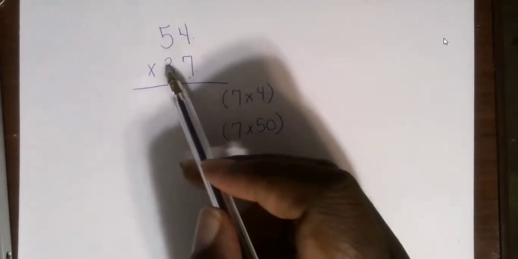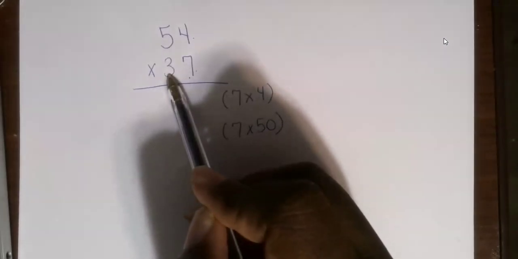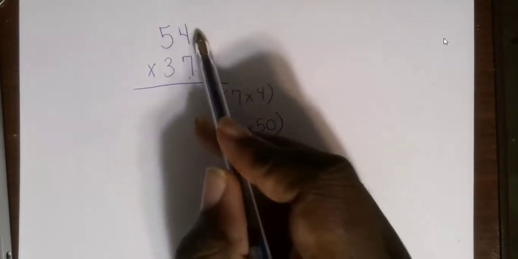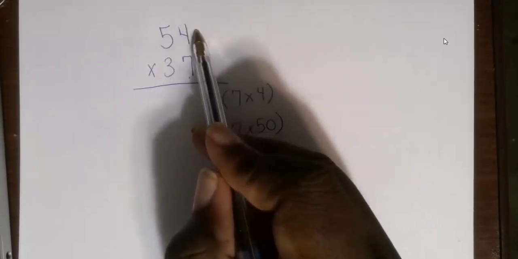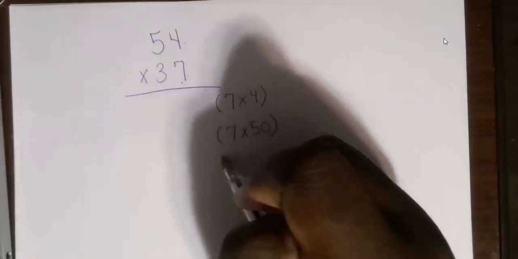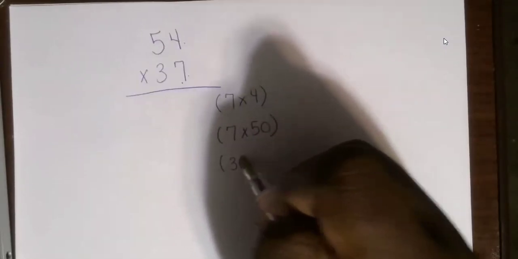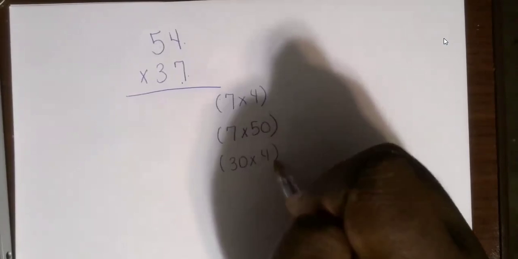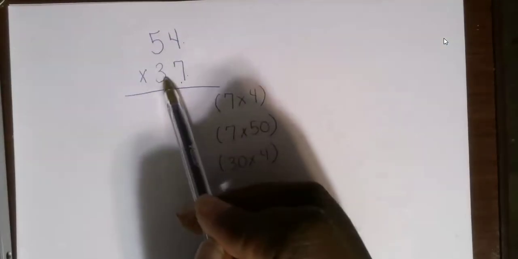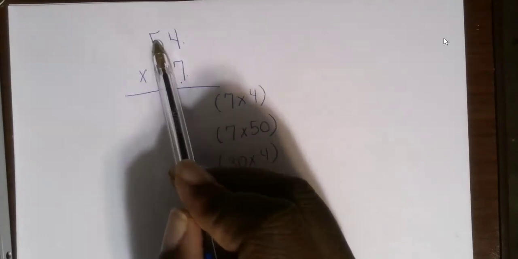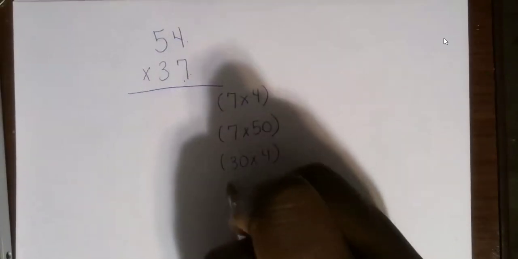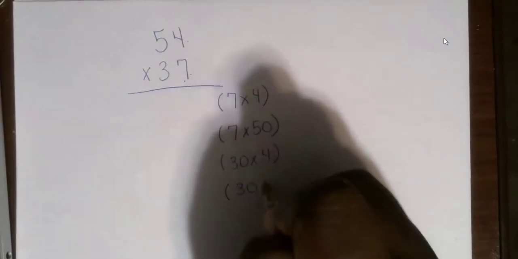Then I'm going to go to my bottom tens, 3 tens is 30, and I'm going to multiply it times my top ones first. So that's going to give me 30 times 4. Then I'm going to take my bottom tens and multiply it times my top tens. And so that'll be 30 times 50.